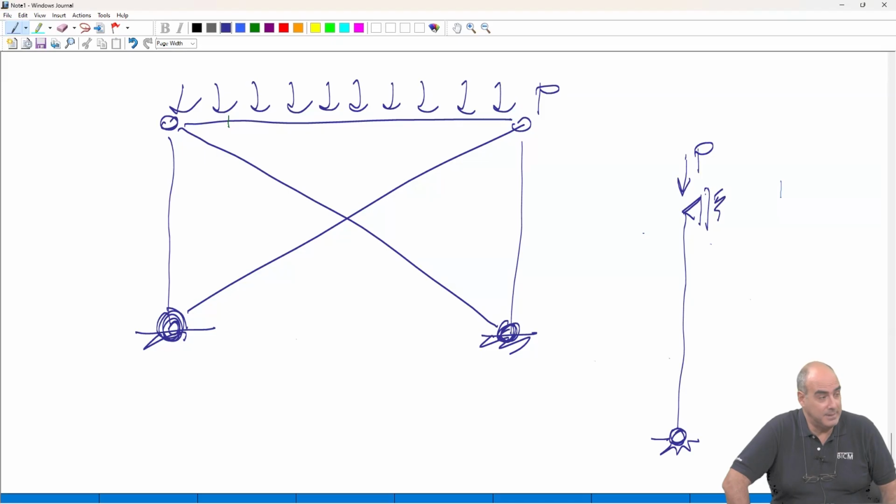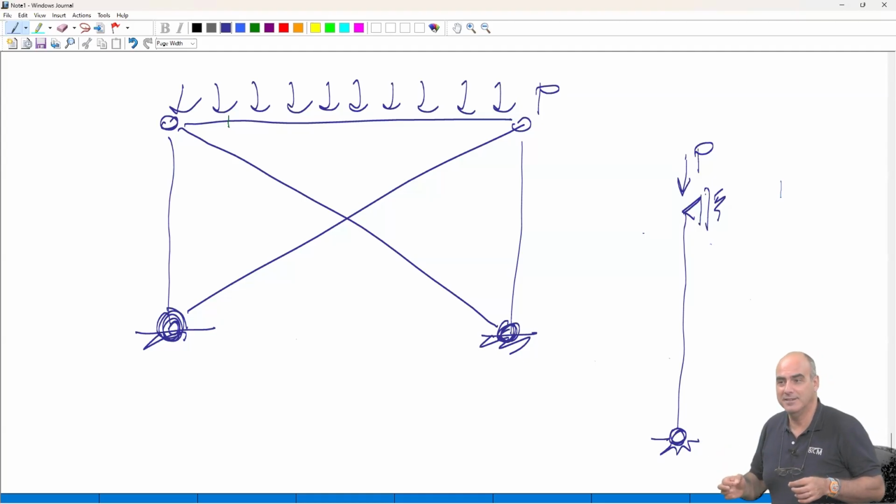But now there is a but. Under that axial force, what do you expect from that column to do? Just shorten, isn't that? Nobody has a ruler, even a metallic ruler.